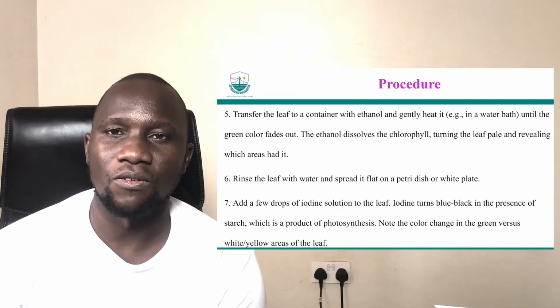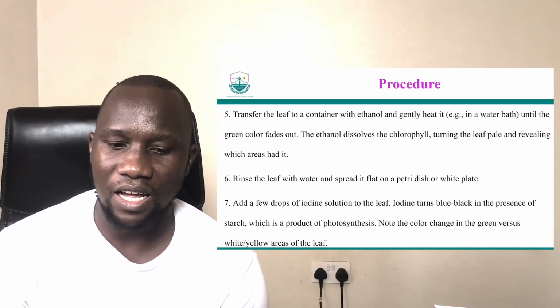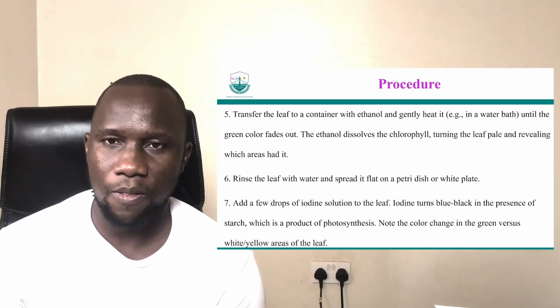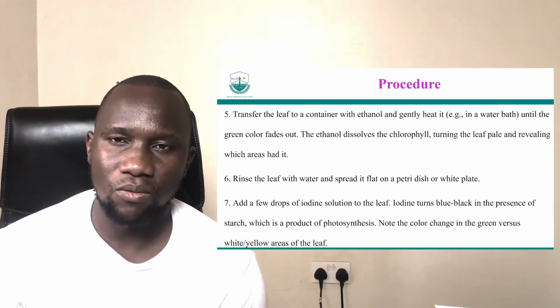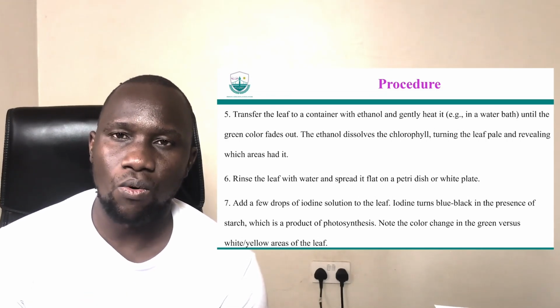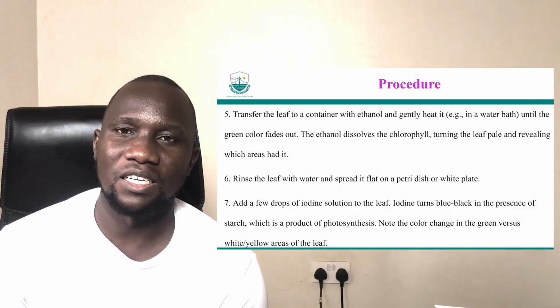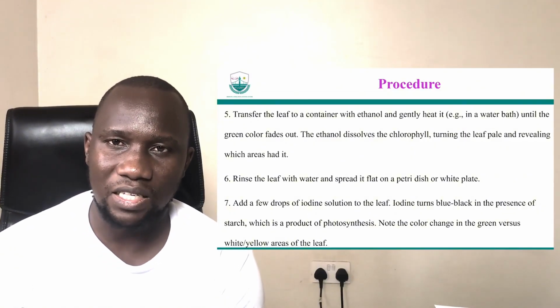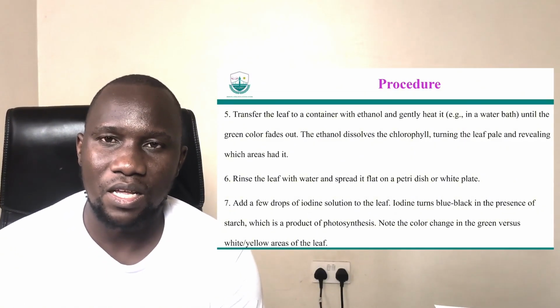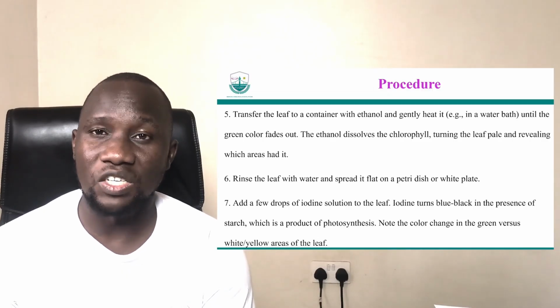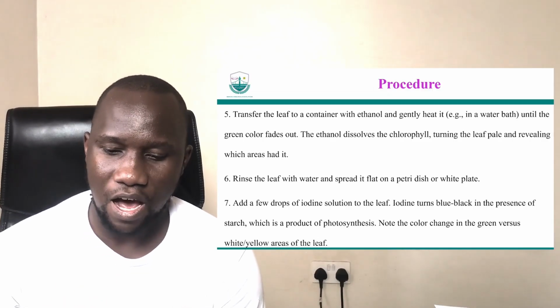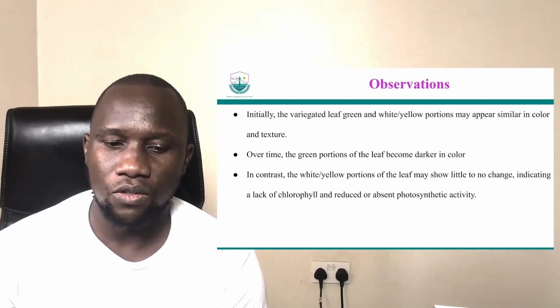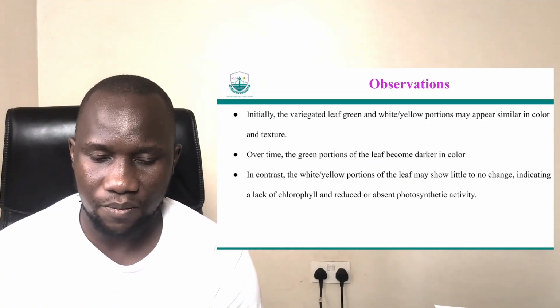Then you notice the color changes. The parts that turn blue-black contain chlorophyll, and the parts that do not show any color change are those that did not contain chlorophyll at all. So what observations will you make?